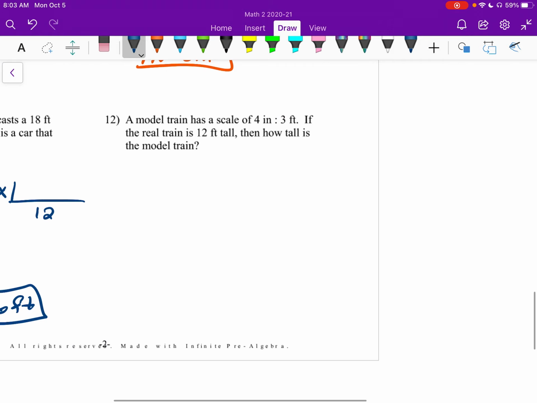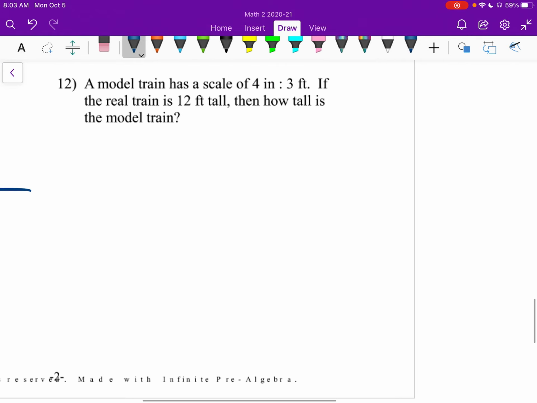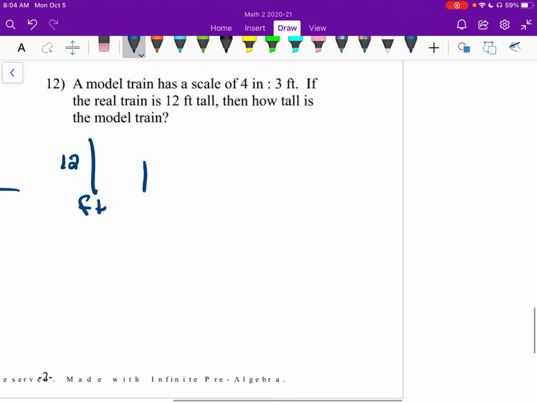All right, number 12. A model train has a scale of 4 inches to 3 feet. If the real train is 12 feet tall, so we'll say 12 feet tall, we want to know how tall is the model. It's in inches. We'll call it x. And then over here we have 3 feet to 4 inches.